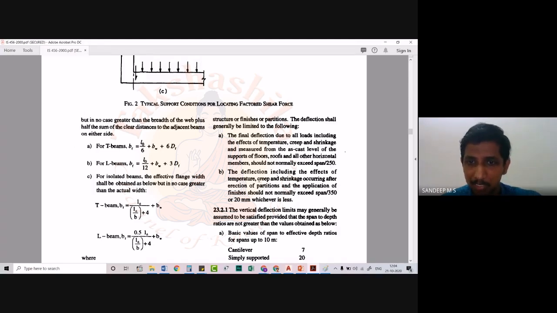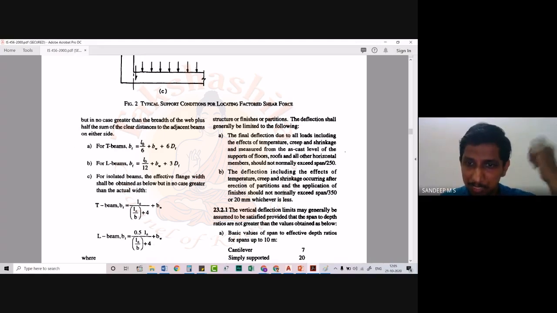And one more thing is that if the deflection, including the effect of temperature, creep and shrinkage, occurs after the erection of partitions, please note, after the erection of partitions and the application of finishes. So basically we will be constructing the beams and columns first, then we will be constructing the partitions, then applying the floor finishes and other finishes.